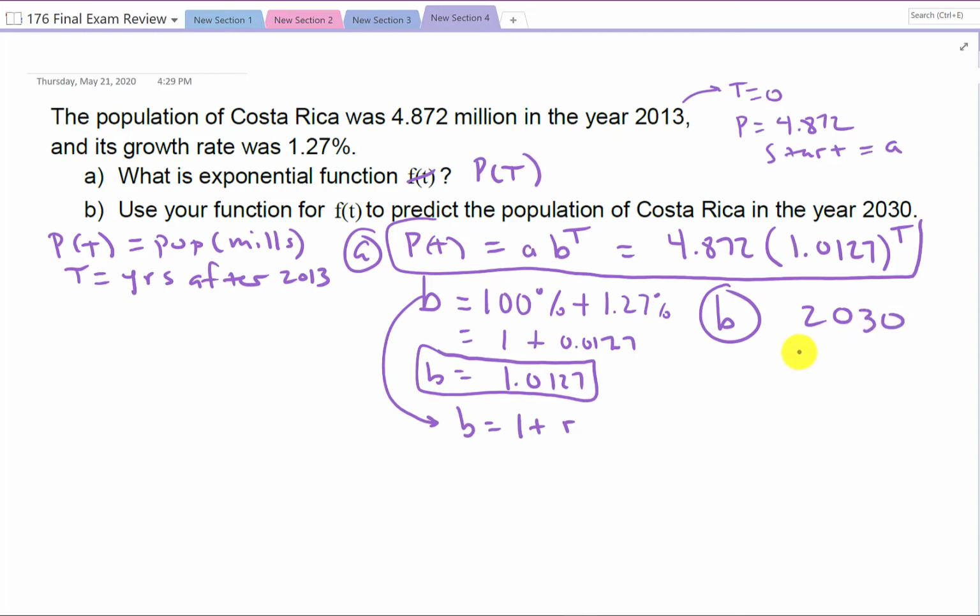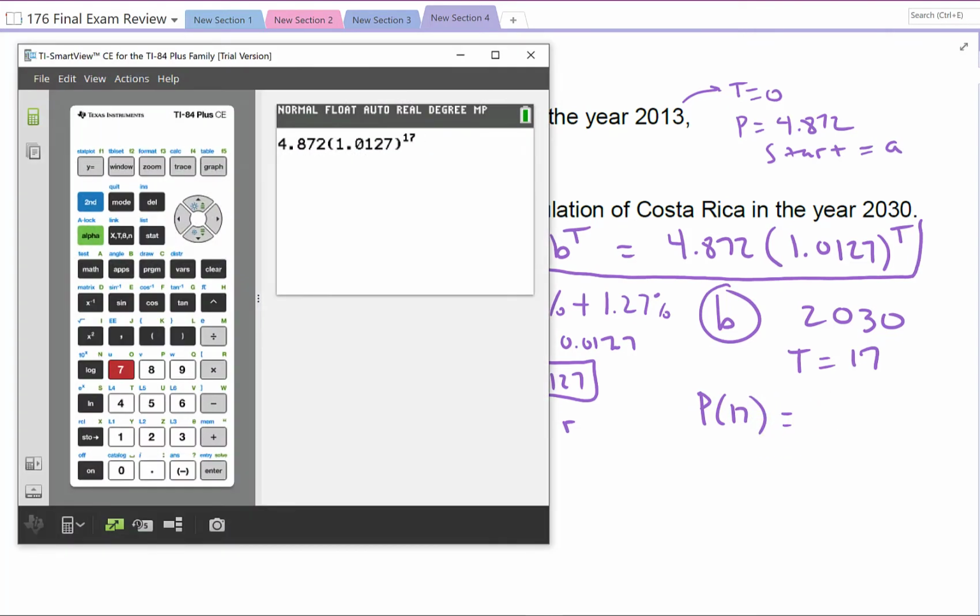Well, in the year 2030, that is 17 for t, because 2030 is 17 years after 2013. So we're going to have to plug that in and do P of 17, and we'll let the calculator take care of that step.